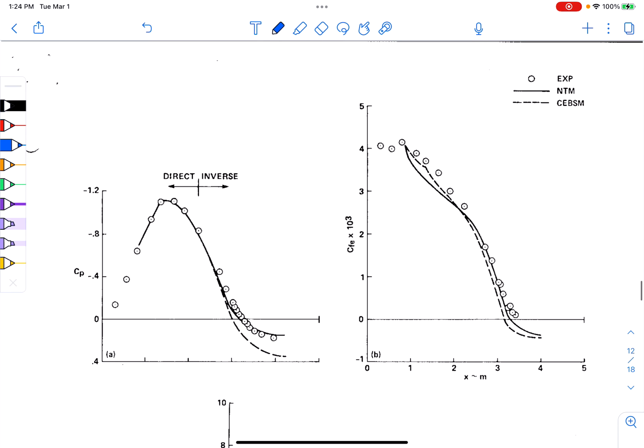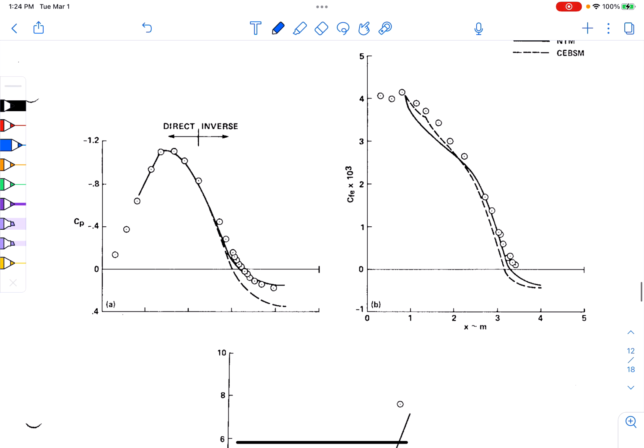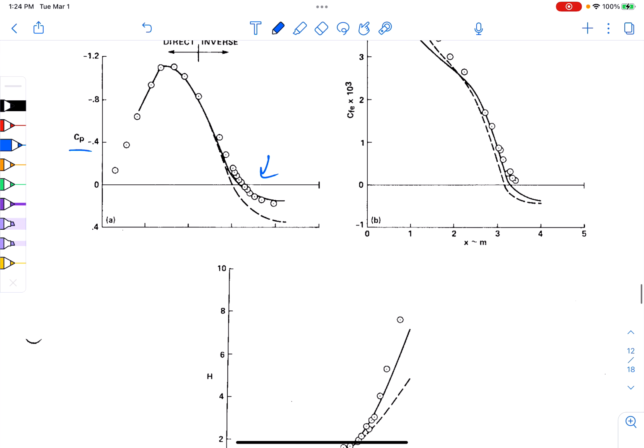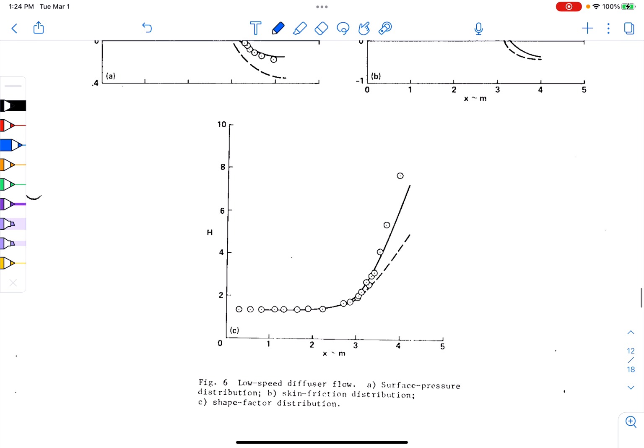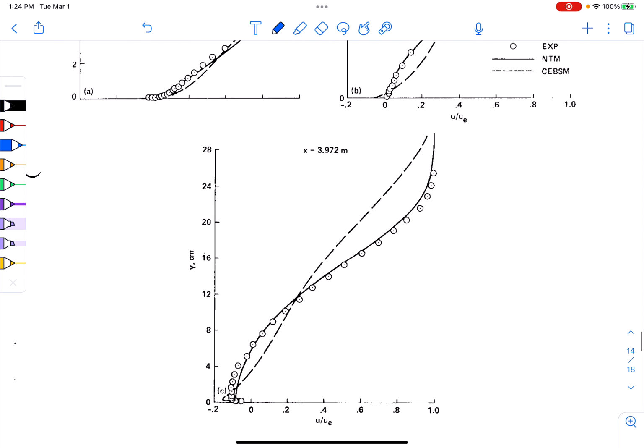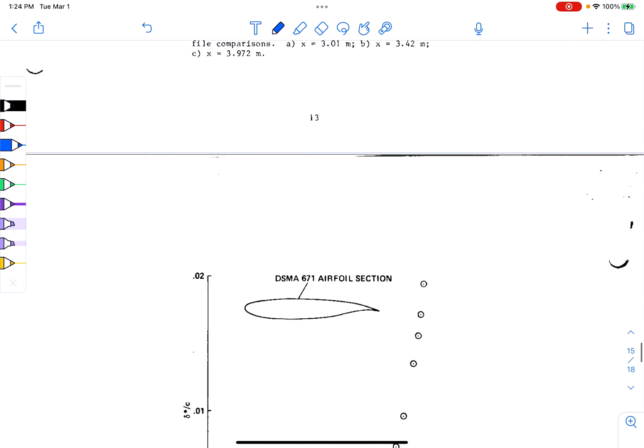But down in here, you can see the pressure point measurements on the diffuser in the downstream direction. Especially downstream in the region of separation, there's a big difference between Cebeci-Smith and the Johnson-King model. It matches experiment and looks pretty good. And those are diffusers.